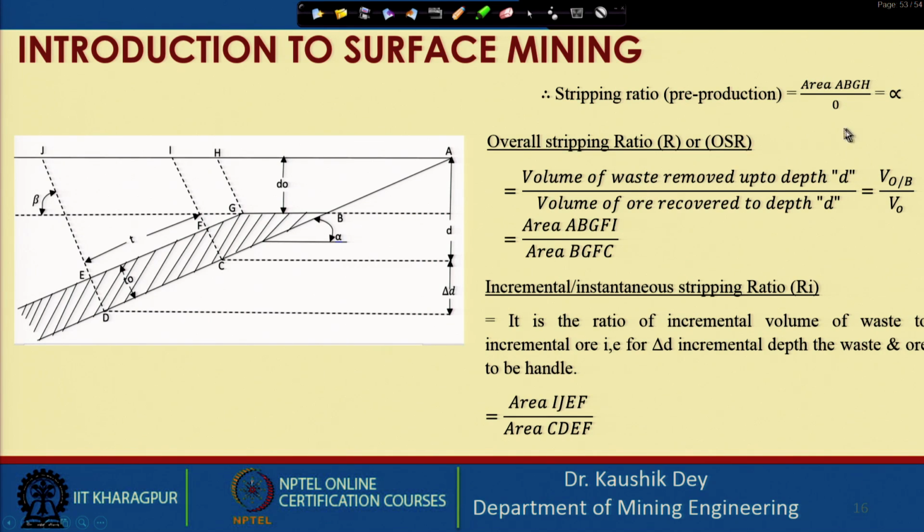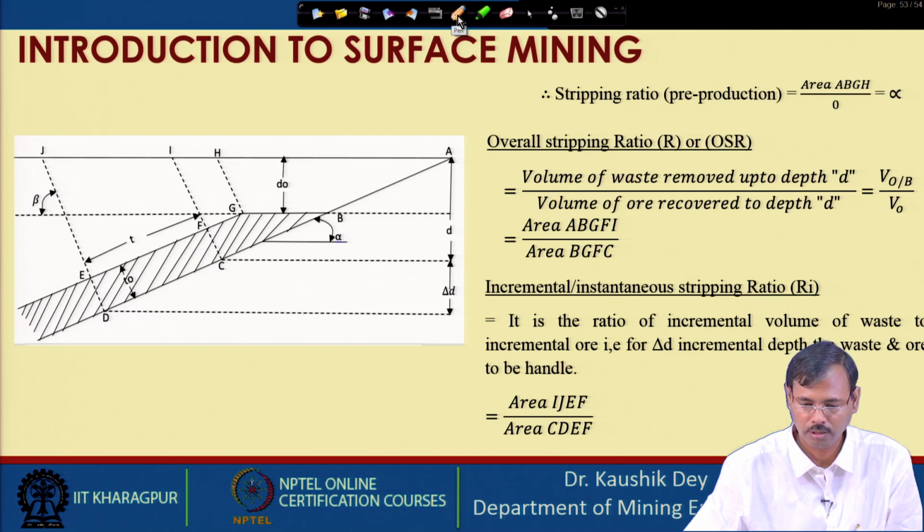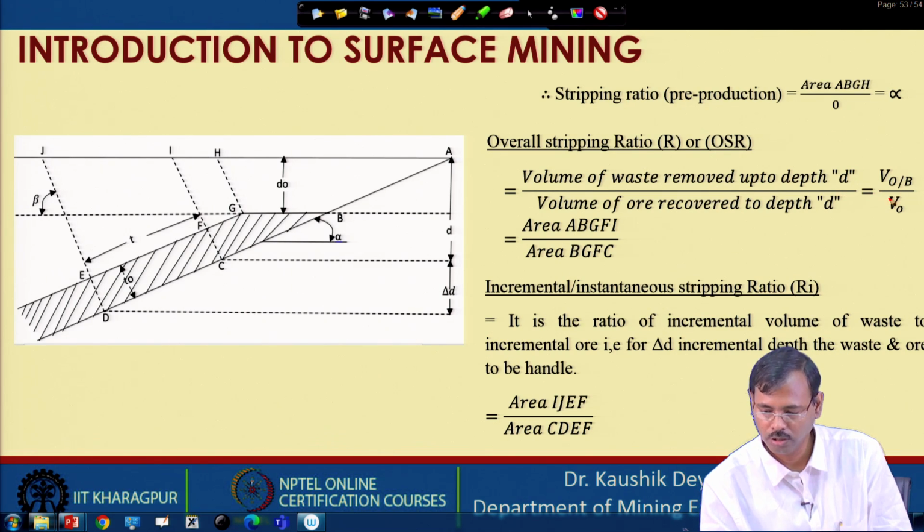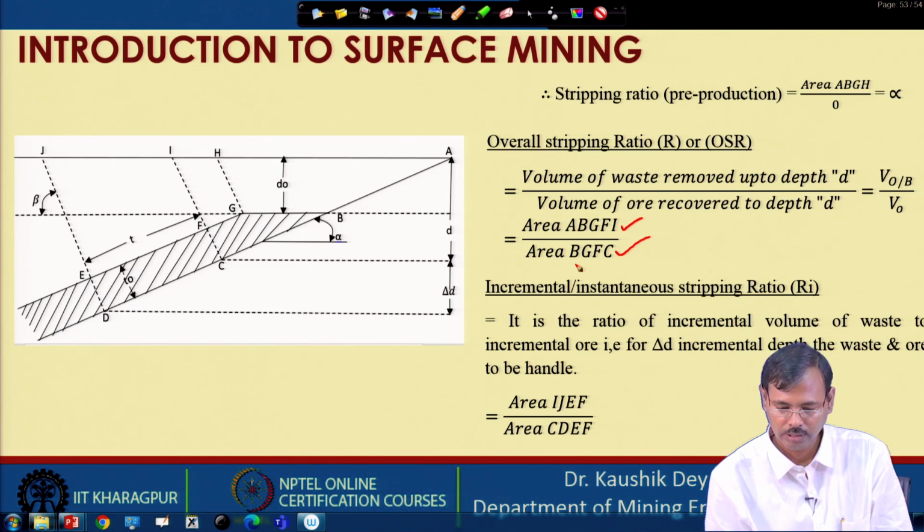So, your pre-production stripping ratio was infinity, and the overall stripping ratio will become this one, we have already informed that, and the ore production is this much.